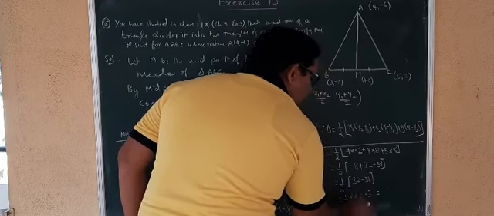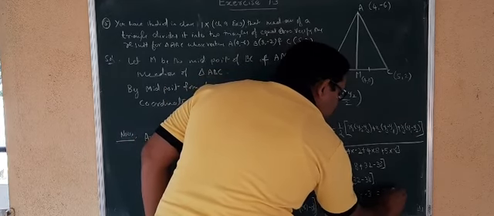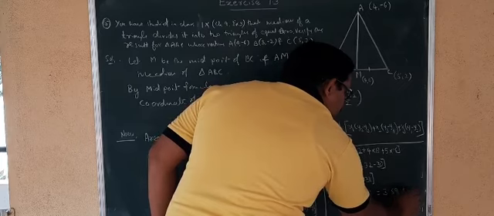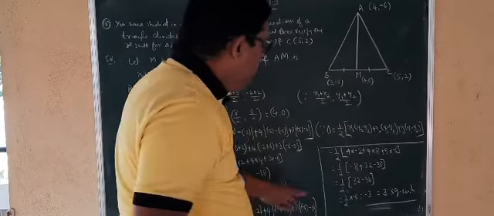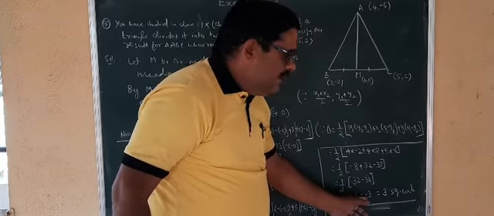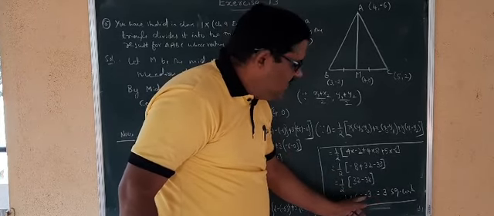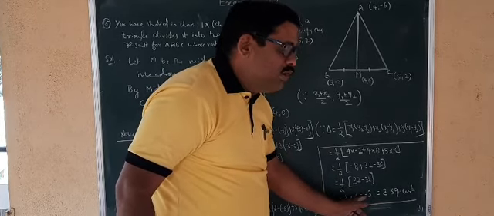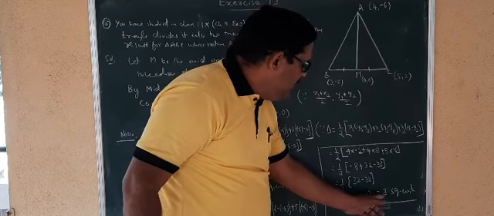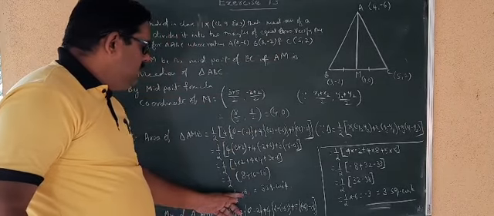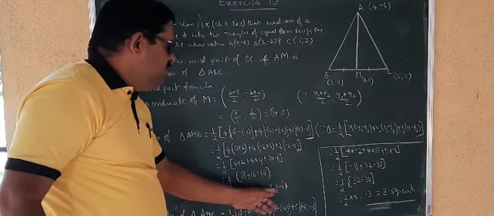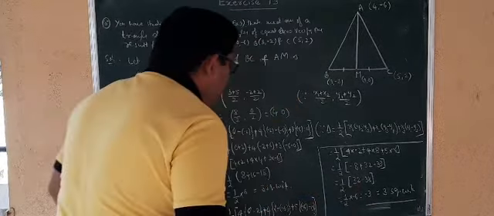It should be taken as the modulus of 3. So 3 square units. Even though we are getting a negative value here, it is taken as positive, because we take the modulus of minus 3, that is plus 3. So here also we have the same 3 square units.